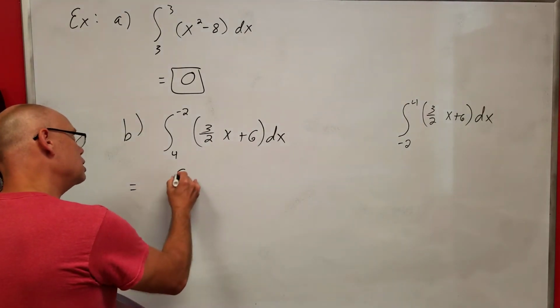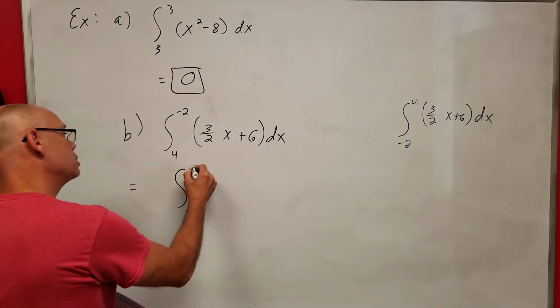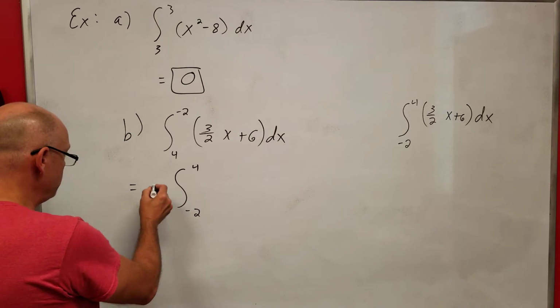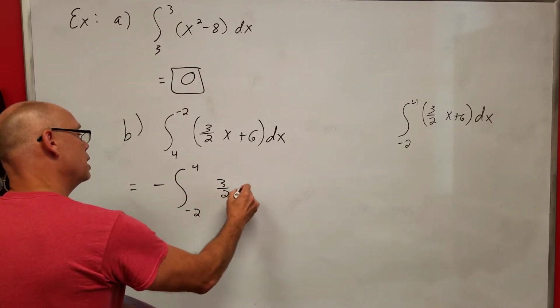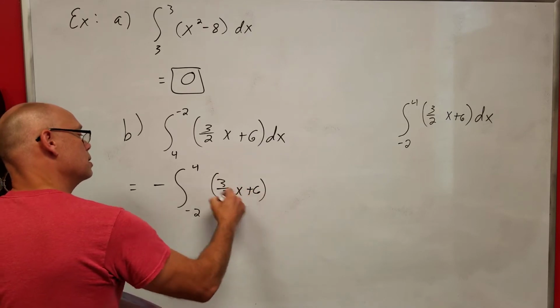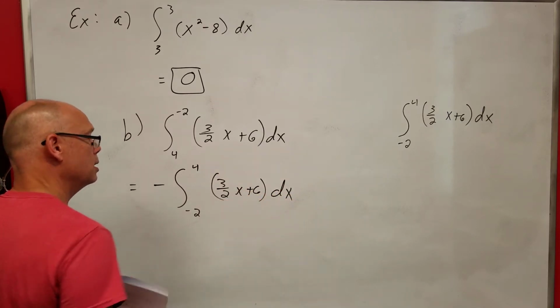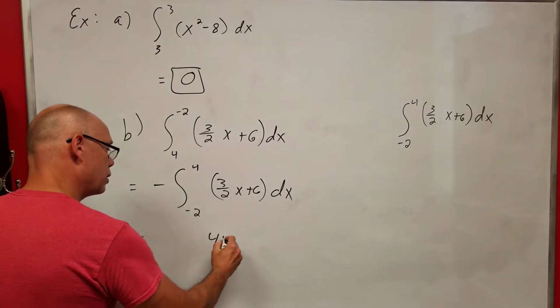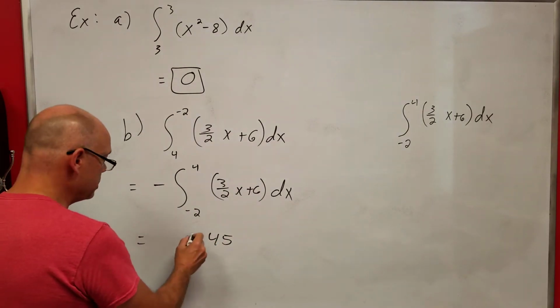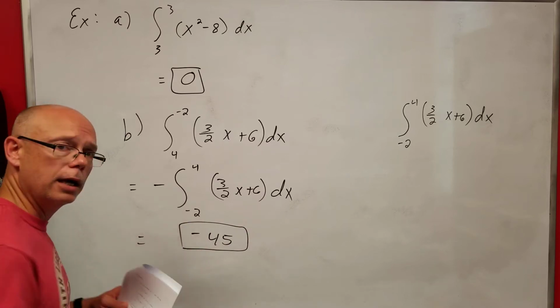So if I need to change these limits of integration from negative 2 to 4, what do I need to put out here? That negative sign. And I'm going to say 3 halves x plus 6 dx. And earlier when we evaluated this integral, we came up with what? 45. But now we have the negative sign, so we're going to say that's negative 45.